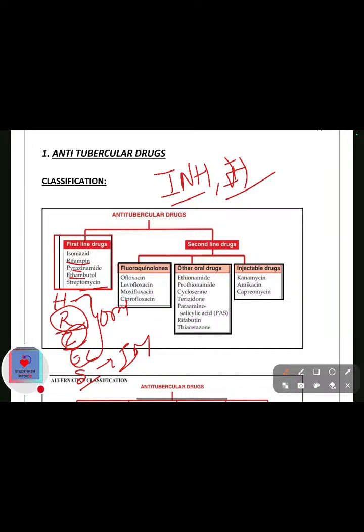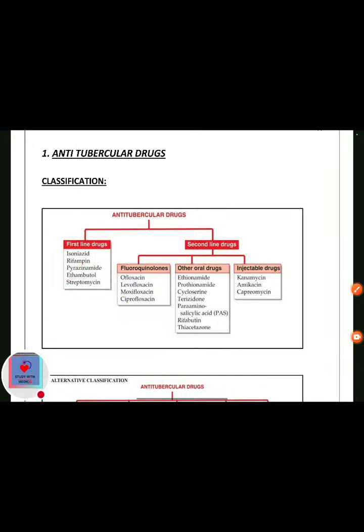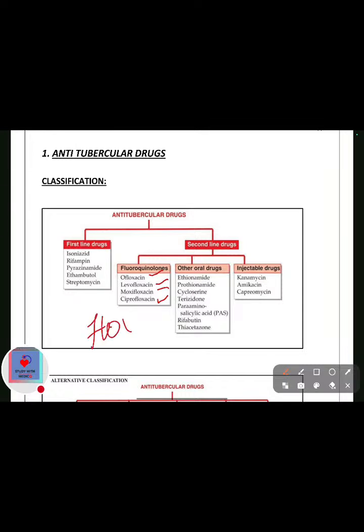Talking about the second line drugs, you have fluoroquinolones: ofloxacin, levofloxacin, moxifloxacin, and ciprofloxacin, with floxacin as the suffix.